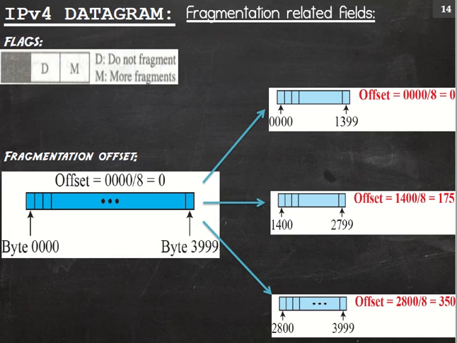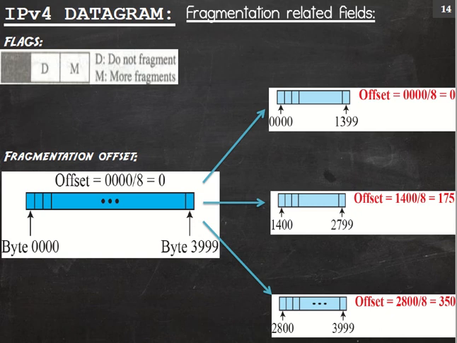If this bit is 0, it means that this is the last or the only fragment. So it is a bit which indicates whether there are more fragments or not. If its value is 1, there are more fragments, and if it is 0, then this is the last or the only fragment related to the particular datagram.